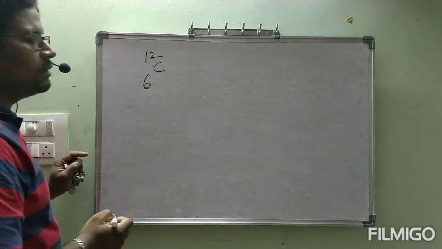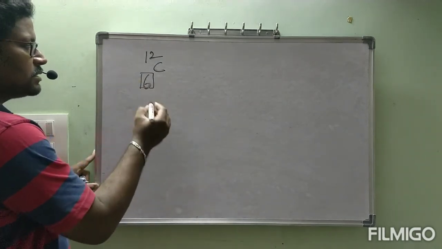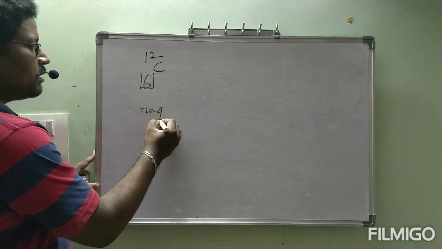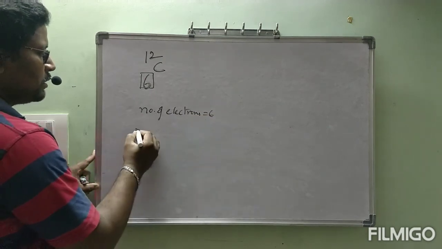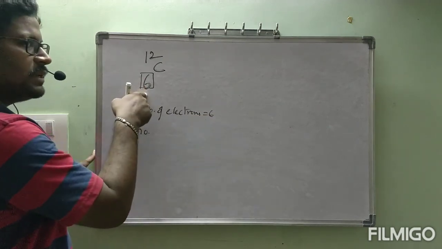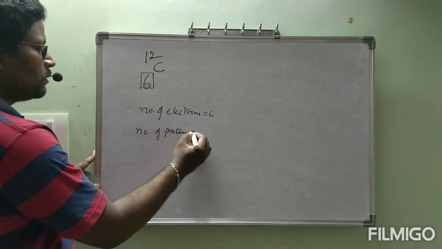In this 6C12, this 6 represents electrons, so number of electrons equals 6. That same 6 also represents protons, so number of protons equals 6.